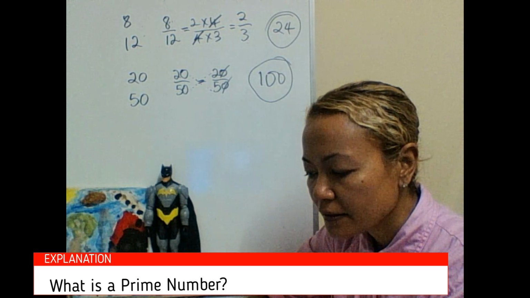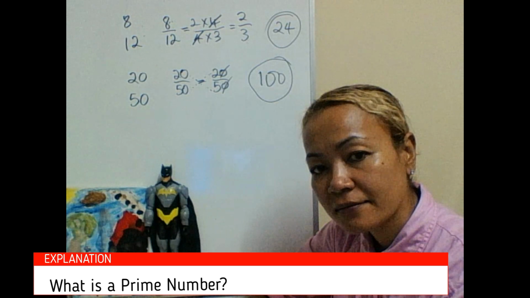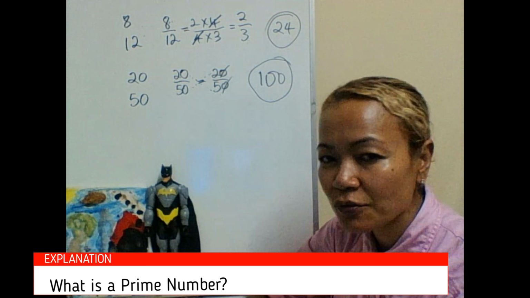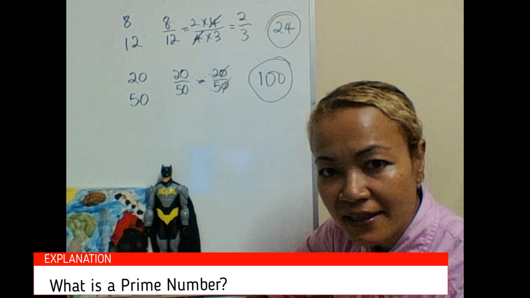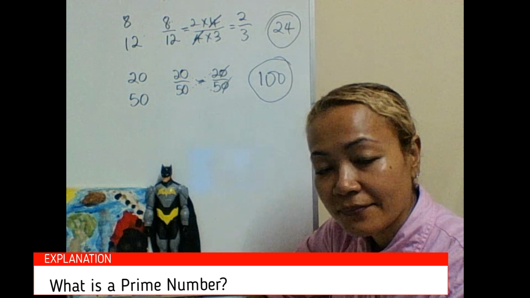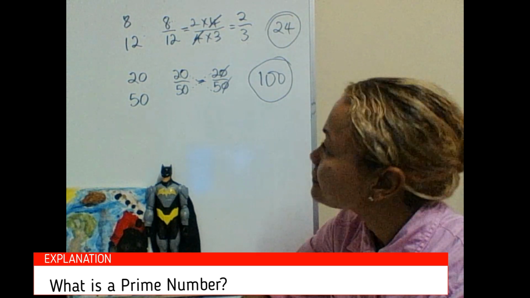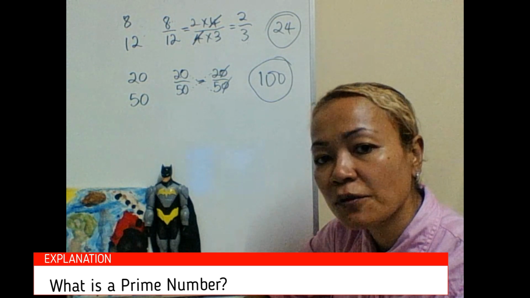What about 3? Is 3 a prime number? Now the factors are 1 and 3, but can you multiply any 2 other numbers to get 3? No, it's just 1 times 3. So 3 is also a prime number.